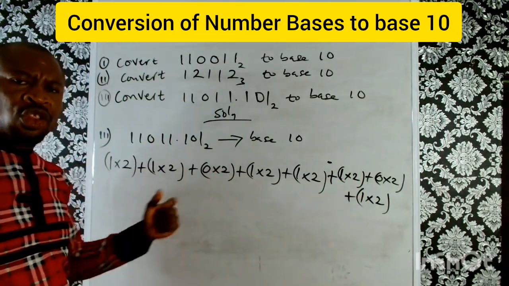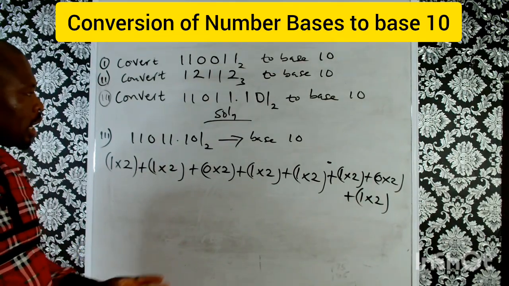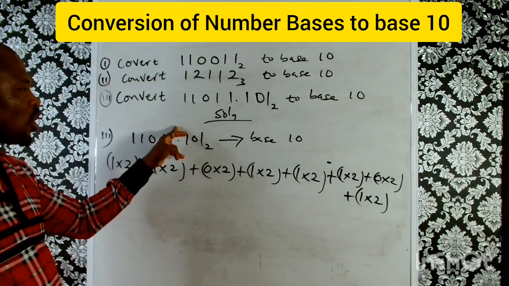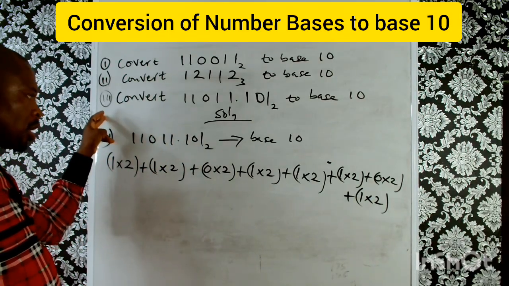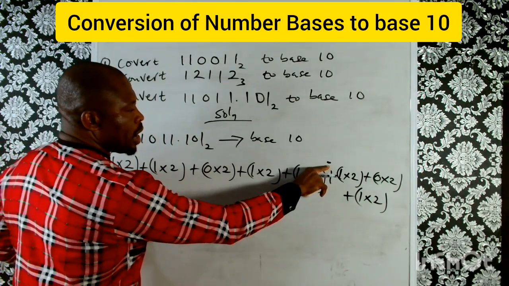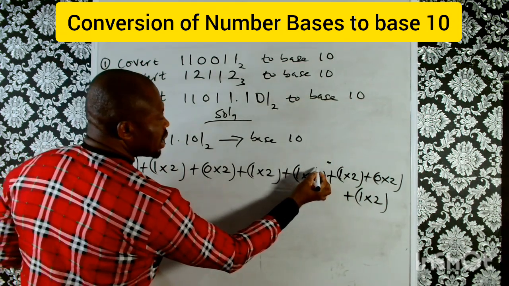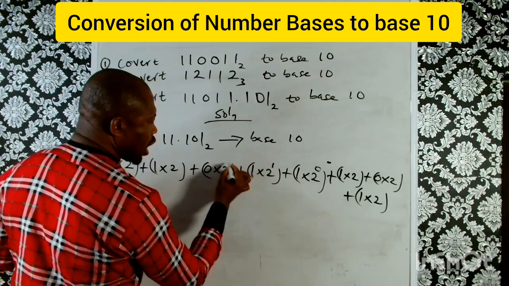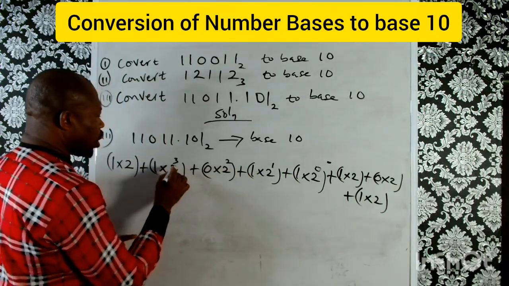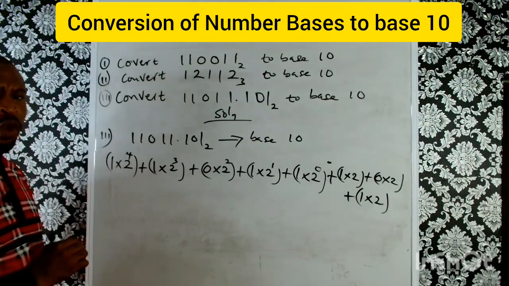Now, how do we assign numbers here? Well, from here, we assign numbers from 0 to the left. Now, of course, remember we made a mark here. So we'll assign from 0 here. We'll start 0 here, 1 here, 2 here, 3 here, and we have 4 here.